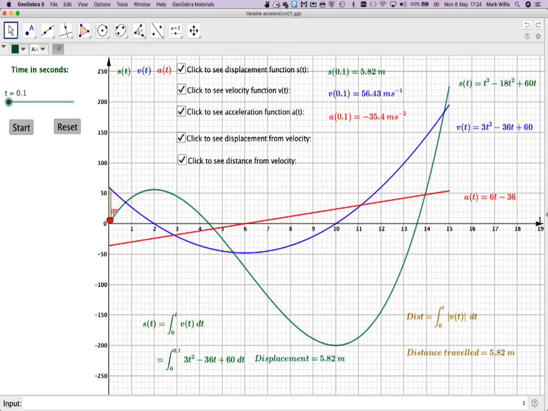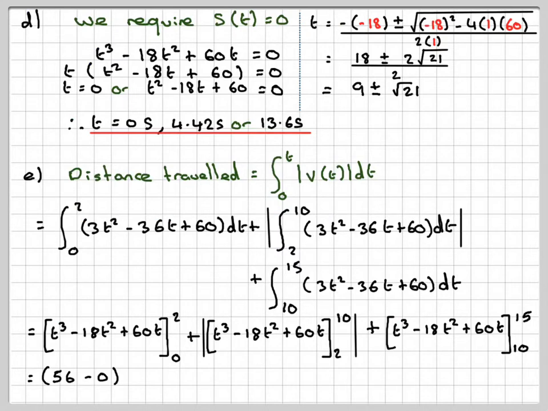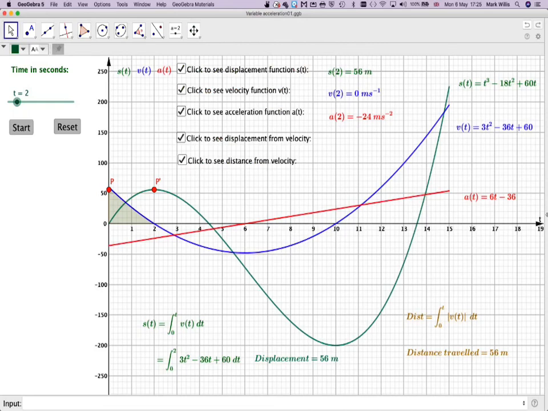If we go to 2, we get 56, but we can put it into our calculator. Minus 0, then the next one will give me minus 200 when I put in 10. So let's take this to 10.